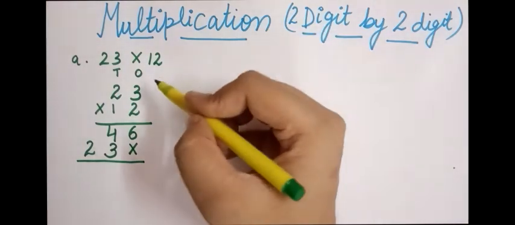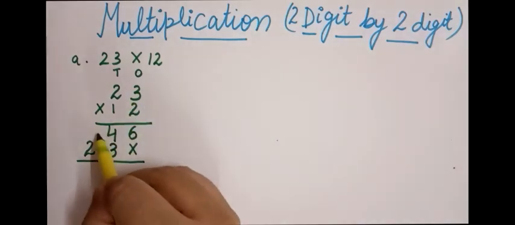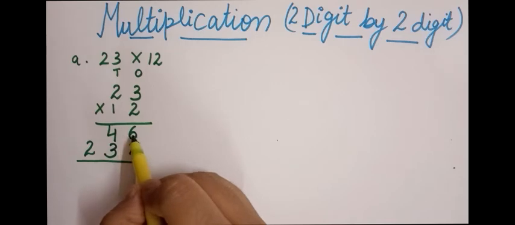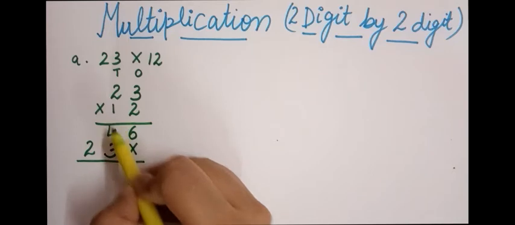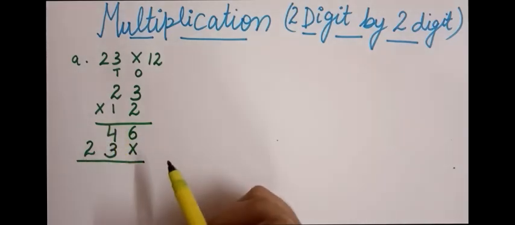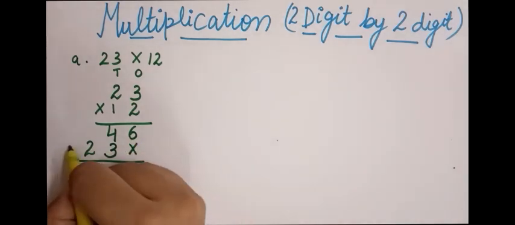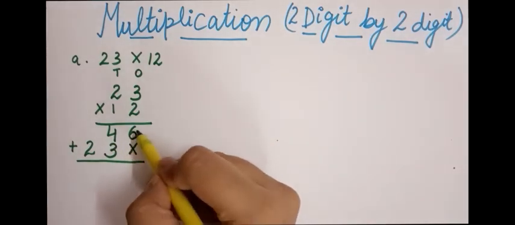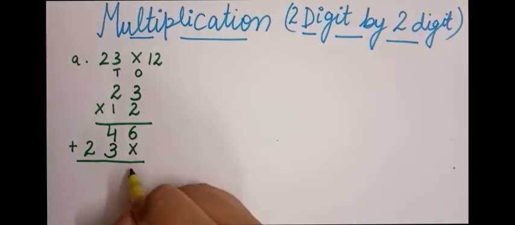It means first I have multiplied 23 by 2 and the answer, 46, is in this row. And then I have multiplied 23 by this 1, that is in the tens column, and the answer is in the last row. After that we have both the answers, so I'll be adding both the numbers. 6 plus 0, because it's a cross here, that means nothing is there, is 6.